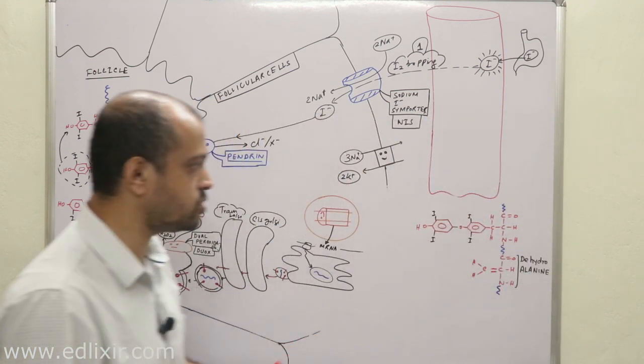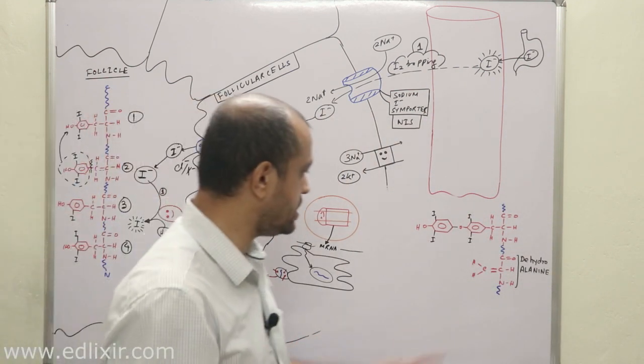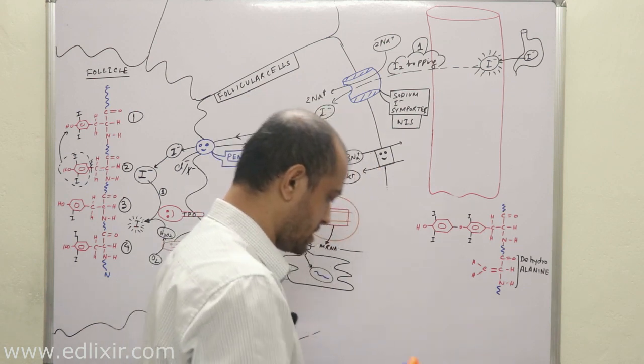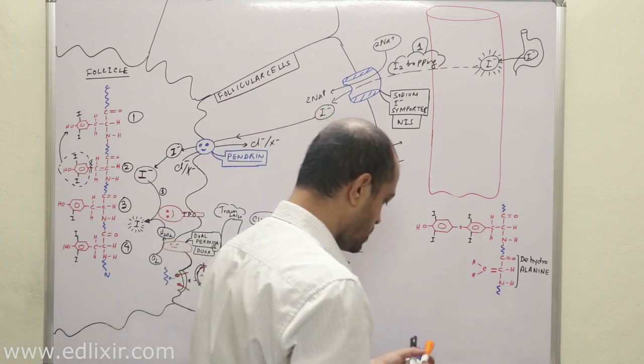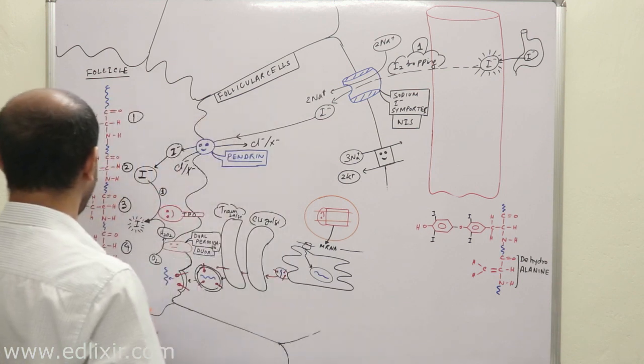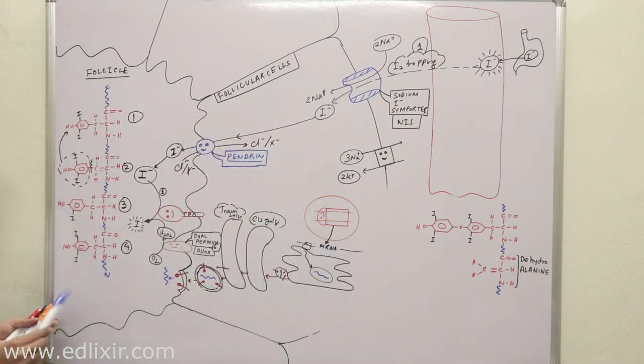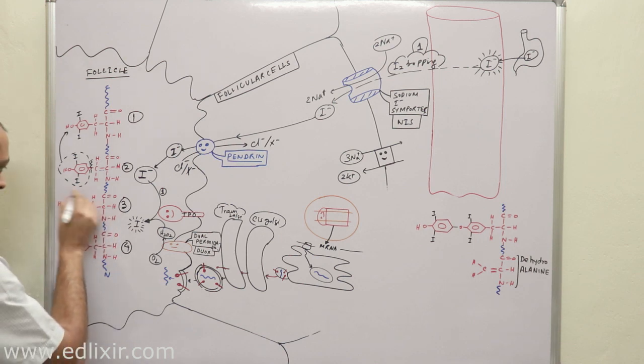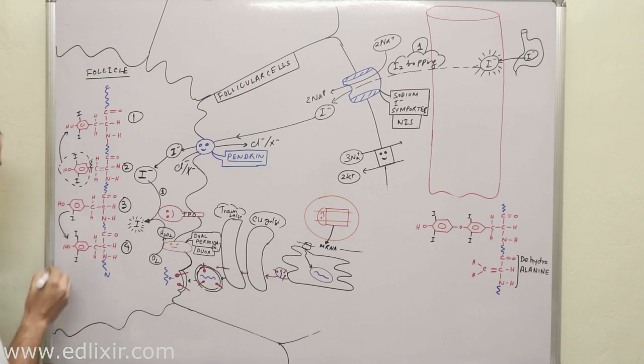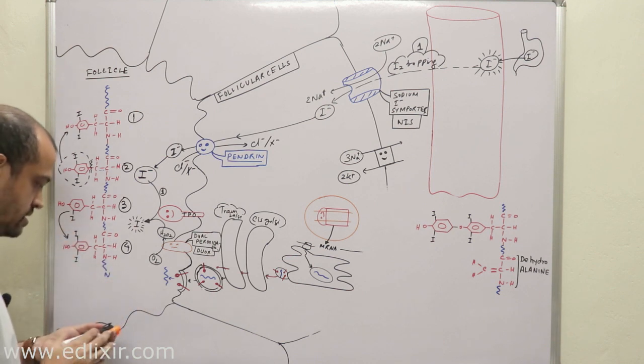Clear? This is dihydroalanine. Now listen with all your attention. Again, we'll have to draw this third and fourth one. Now at first we will be talking about when this third benzene ring will attach with the fourth benzene ring. There is a trick here.